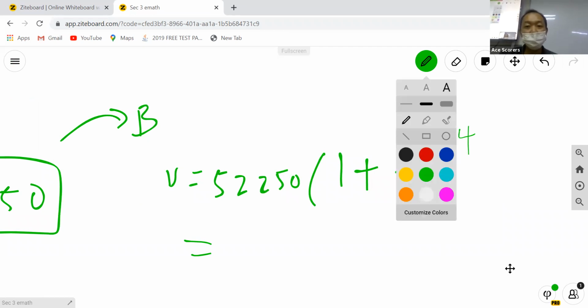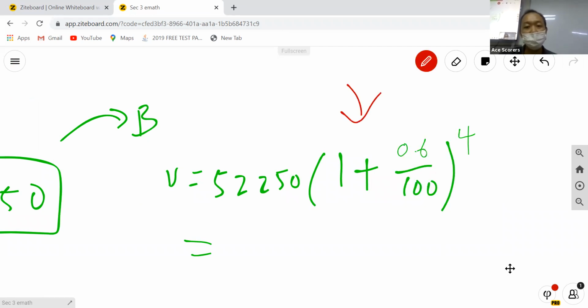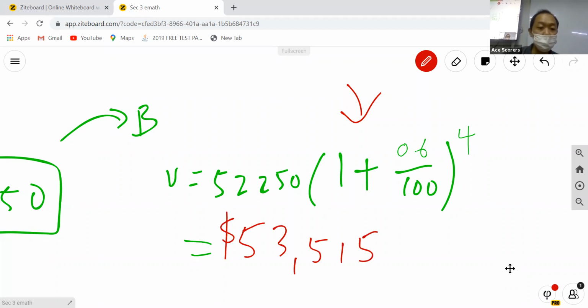I like to calculate the bracket first. 1 plus 0.6 divided by 100, to the power of 4, times 52,250. Eventually I get a value of $53,515. So this is V.